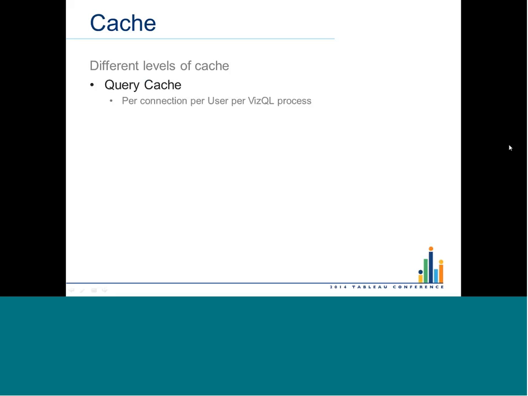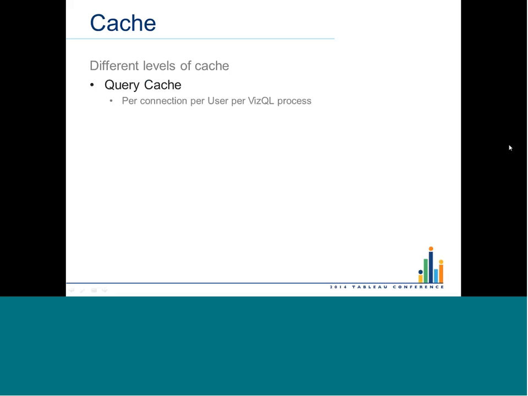So each time Tableau queries the database, the results will be cached and saved in Tableau Server. If another dashboard needs to issue the same query, then Tableau will not go back to the database, but instead use the cached results.